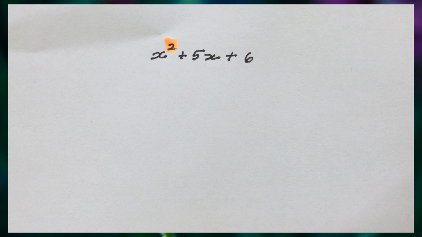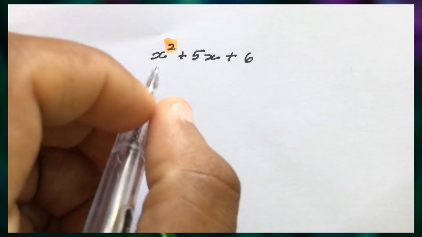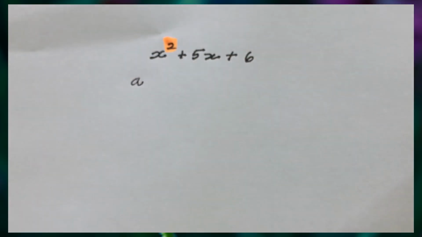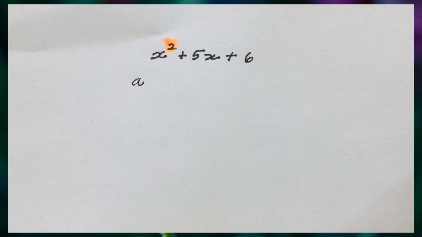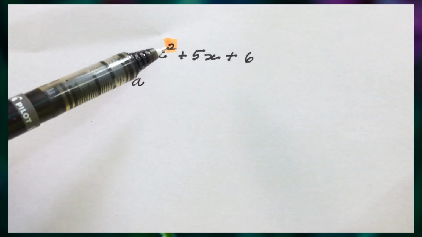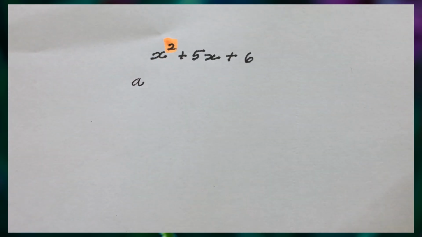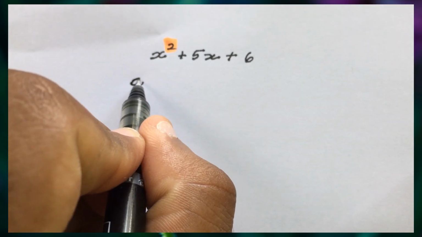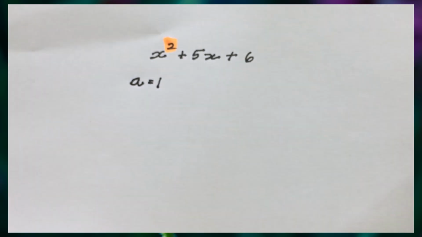So remember, when we needed to identify those ABC values, I'm going to show you how to do them now. So our A value is the coefficient of the x squared term. So this is x squared. How many x squares are there? 1. So our A value is going to be 1. So A is equal to 1. The B value is going to be this one.